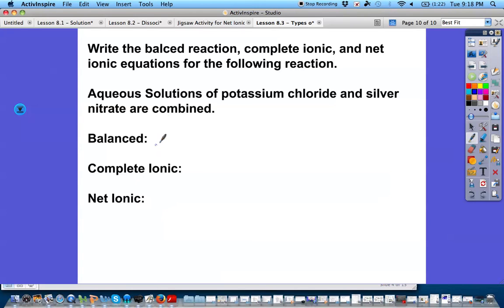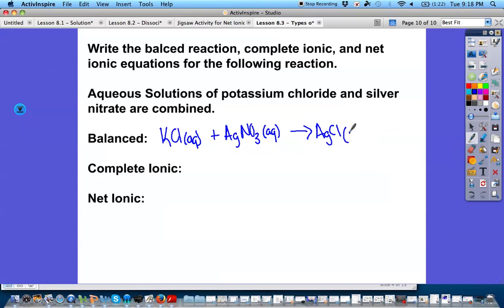Welcome back. So we have potassium chloride, which is going to be KCl, and it is aqueous, so AQ, and it is reacting with silver nitrate, which is AgNO3, which is also aqueous. So silver and potassium are going to switch places. We're going to have silver chloride.